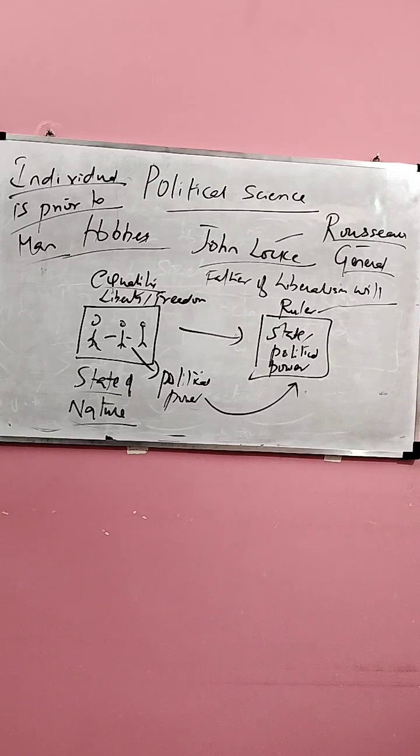The state is present, but the authority in the hands of the state is nothing but the collective power given by the people. So this is how the state runs the government. This is how people look at the state. Got it? Okay, friends. So this is how liberalism contributes to the liberal theory of state.